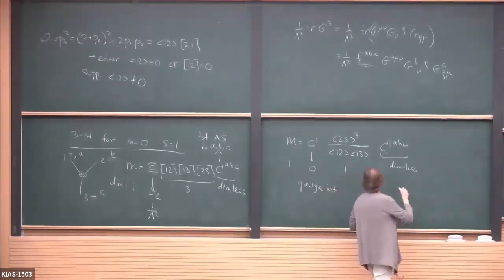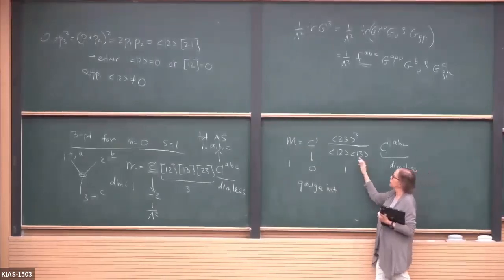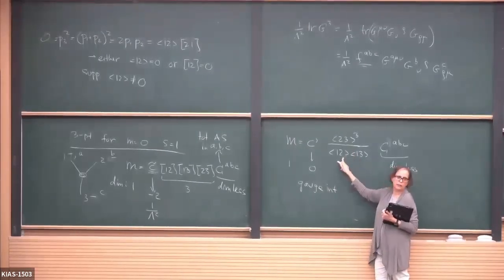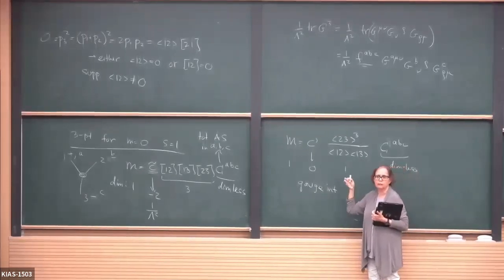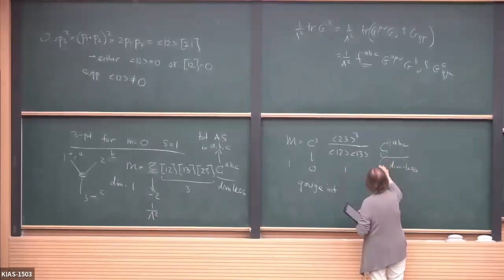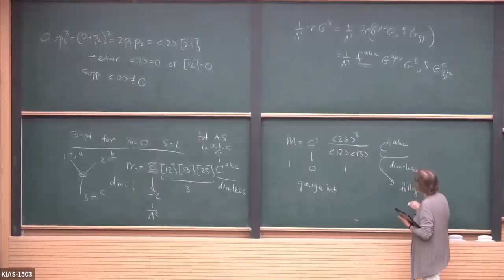Looking at the exchange, suppose we exchange 2 and 3, for example, then this guy picks up a minus sign. These two just get exchanged. So again, it's totally anti-symmetric in these indices, and so we learn that this also is fully anti-symmetric.